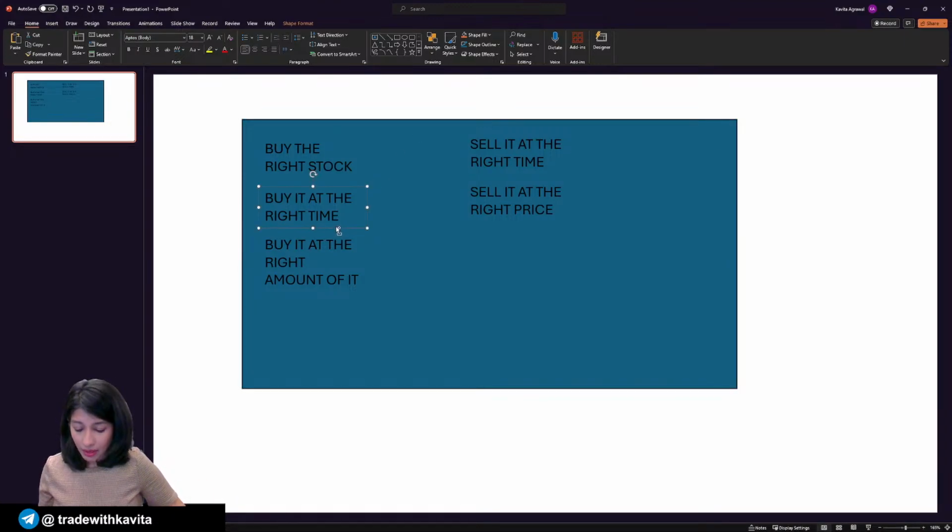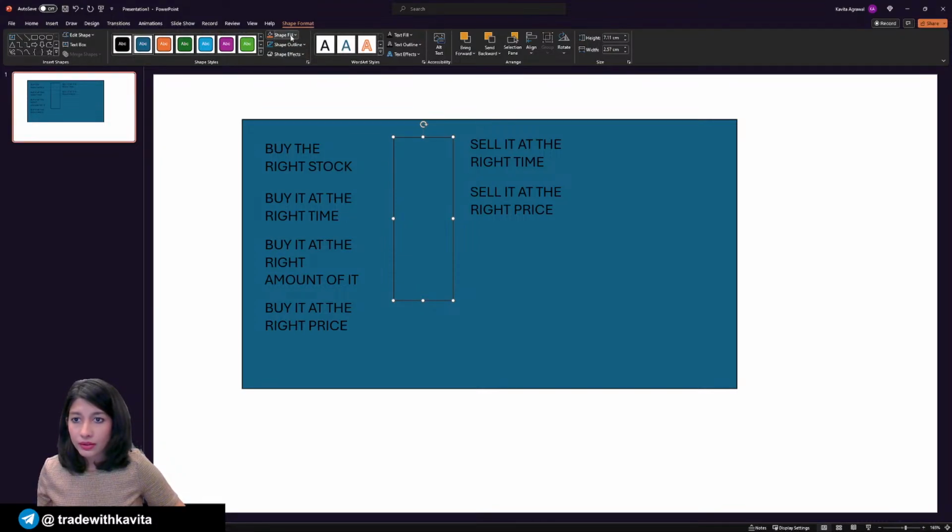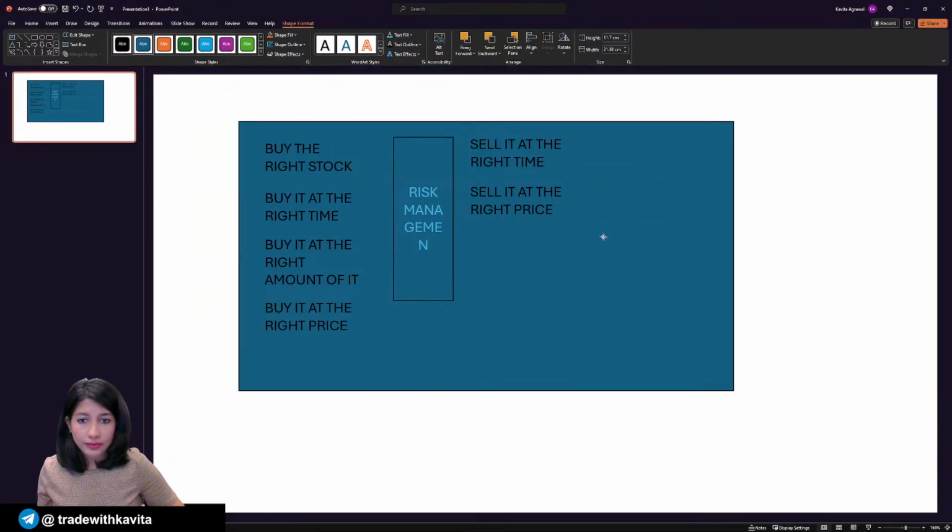So at the right time, and we also need to, of course, buy it at the right price. So in between the buying and the selling, what comes is basically called your risk management on the position that you're taking, right?